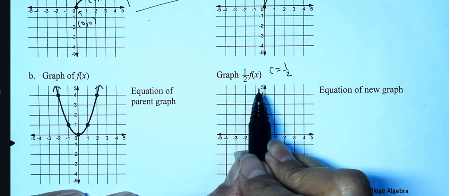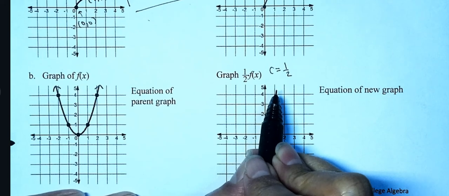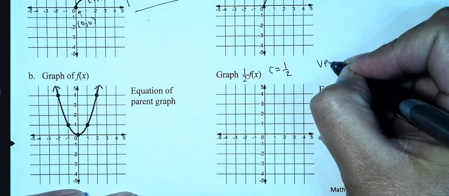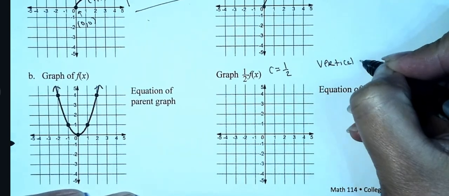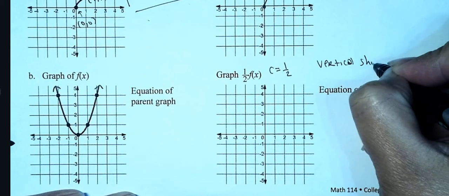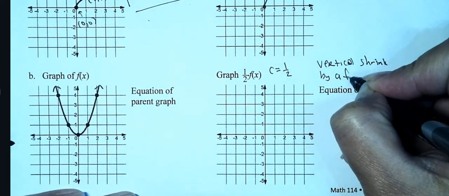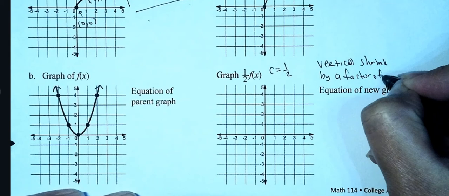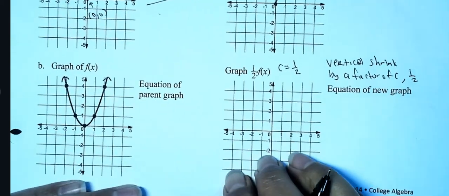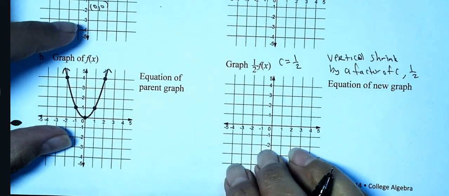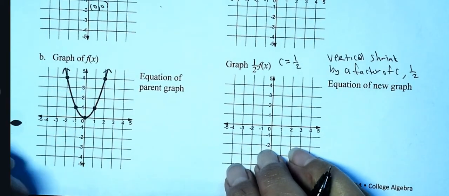Since c is a number under 1, it's going to be a vertical shrink by a factor of c, which is 1/2. So I'm supposed to shrink this graph by a factor of 1/2.